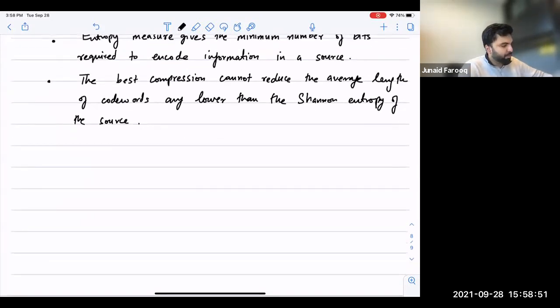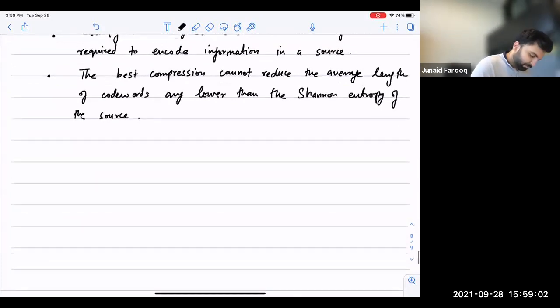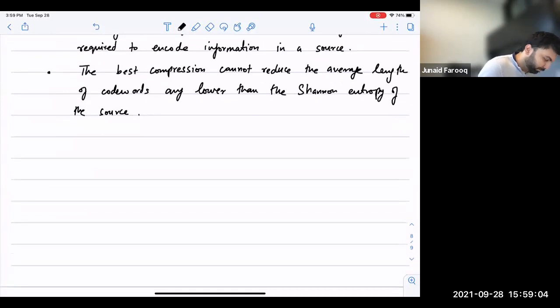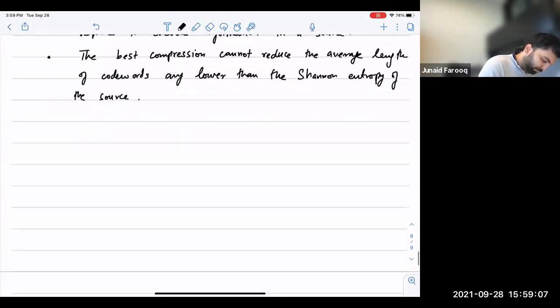Up till now we saw what the entropy of a random variable is, and now we'll see something called joint entropy. So let's say there are two random variables. We actually introduced this in the beginning, but that was just a casual introduction.